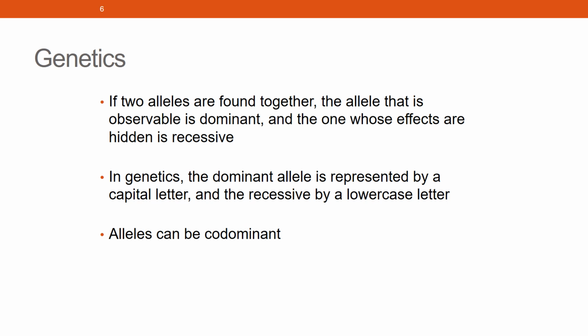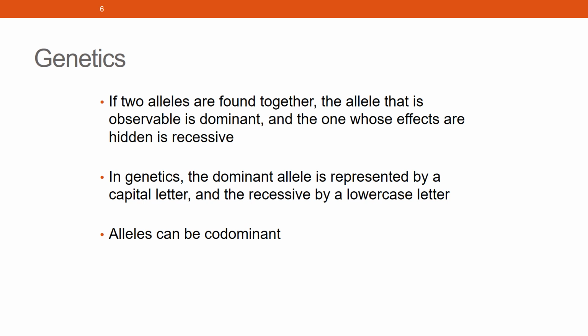So if you have two alleles, one responsible for brown color of the eyes, the other for blue eyes, brown is dominant in this case and blue is recessive. When we're talking genetics, the dominant allele is always represented by a capital letter and the recessive is always a lowercase letter.